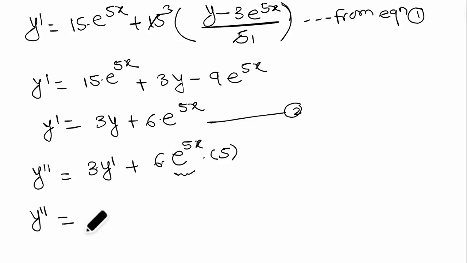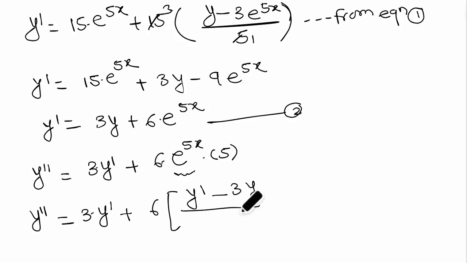So y double dash equal to 3 into y dash plus 6 into, if you replace e raised to 5x from the equation number 2, you will be getting y dash minus 3y whole divided by 6. Am I correct, guys? y dash minus 3y, here into 5 is also there. Don't forget to write this into 5, because this 5 is remaining as it is. So if you solve this, 6 will get cancelled.